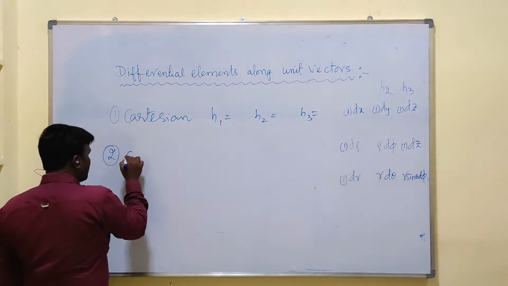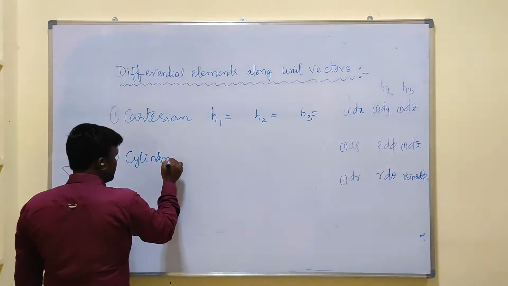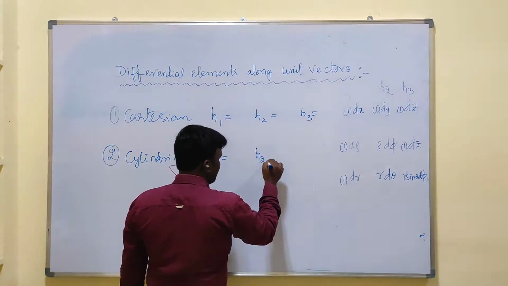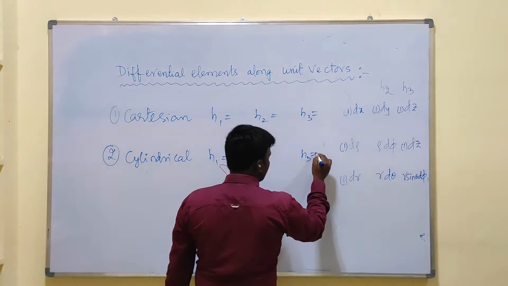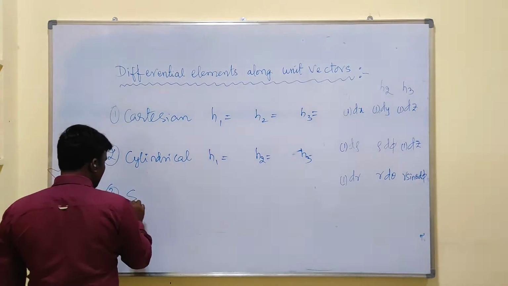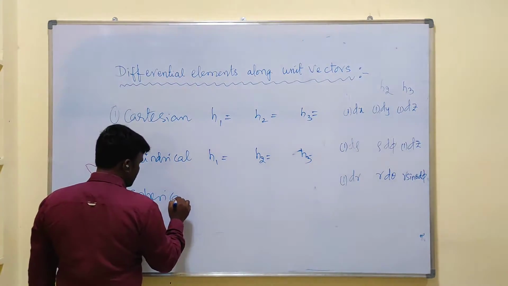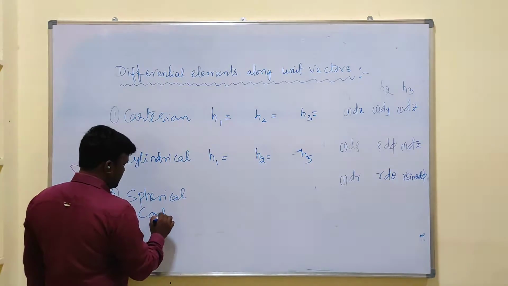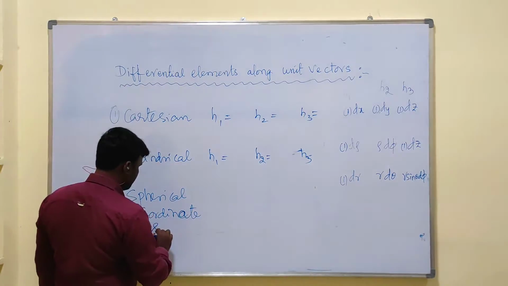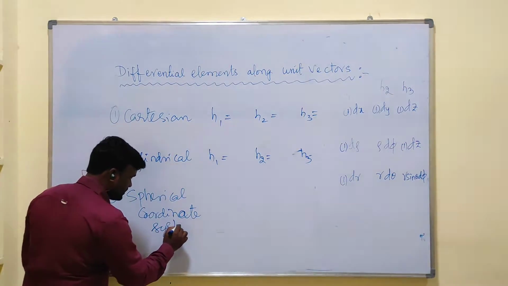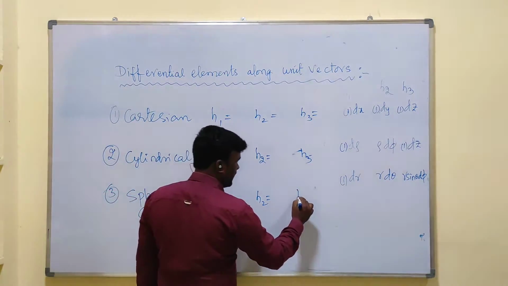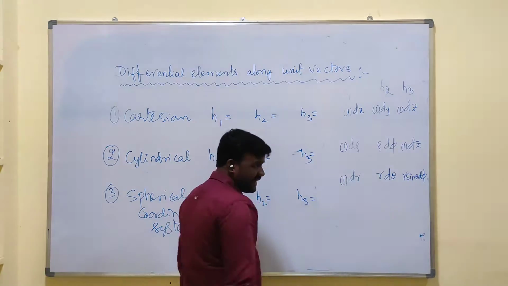Similarly, for the cylindrical coordinate system, H1, H2, H3 equal to what? And last, for the spherical coordinate system, H1, H2, H3 equal to what?